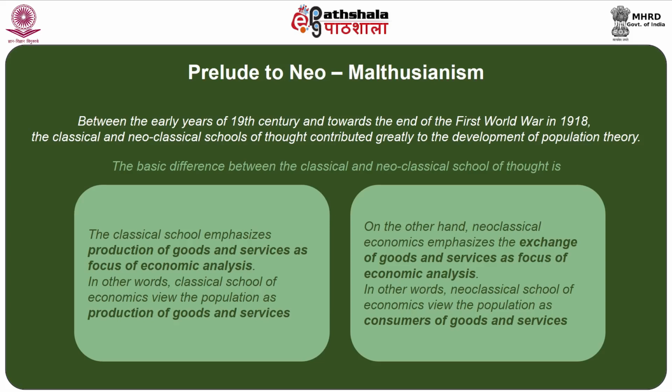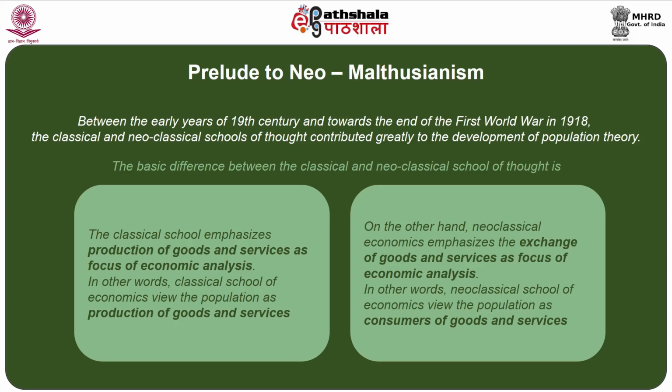One can see that the basic difference between the classical and neo-classical schools of thought is in terms of the following aspects. The classical school gave emphasis to production of goods and services as the focus of economic analysis.